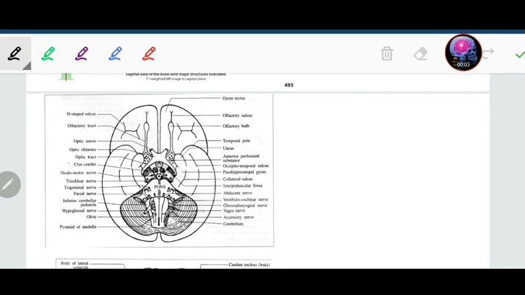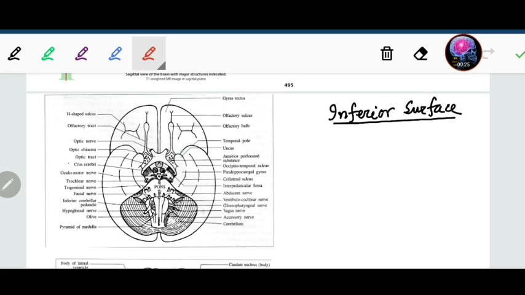The inferior surface of the cerebral hemisphere is divided by the stem of lateral sulcus into orbital surface in front and the tentorial surface behind. This is the stem of lateral sulcus.